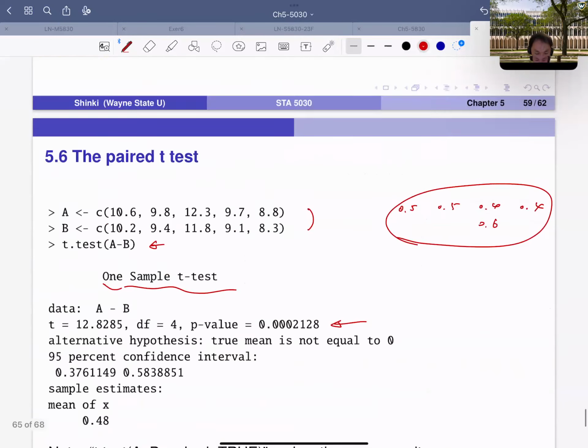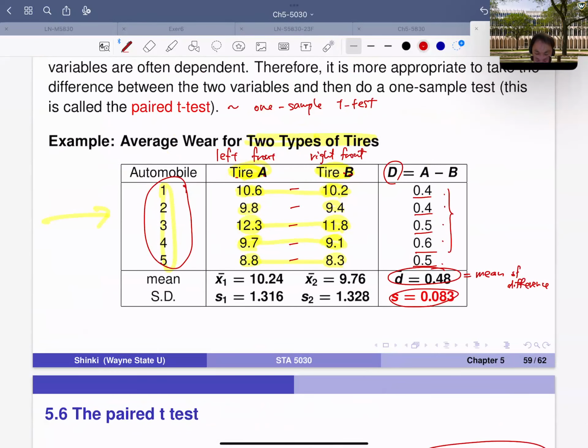And actually, I don't have it here, but if we do two sample t-tests here, probably we cannot detect the difference, because for tire A, the average is 10.24, and tire B average is 9.76. So difference is 0.48. So that is actually the same. But these standard deviations are much larger than this 0.083. So we have large variation between experimental units, the cars 1 to 5.